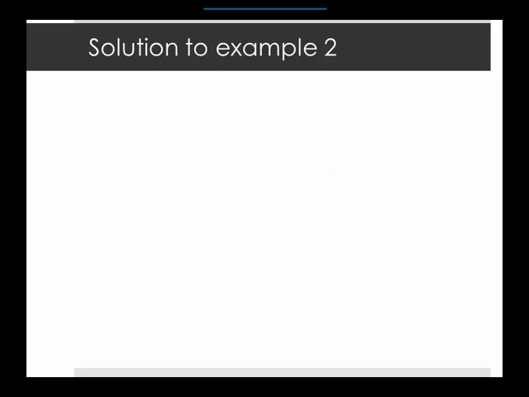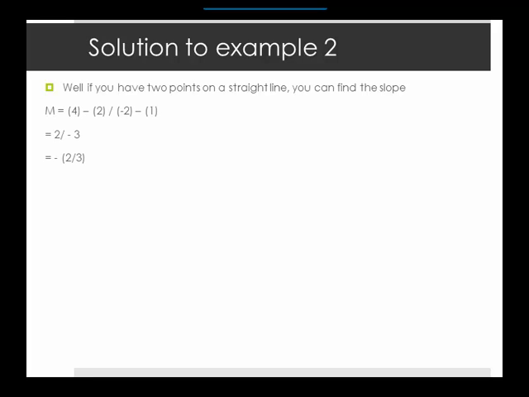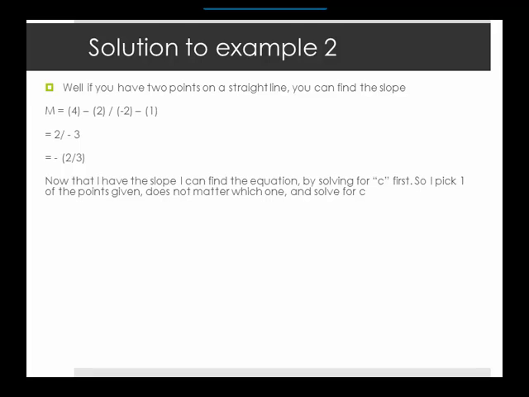The solution. If you have 2 points given, you can find the slope. M equals negative 2 over 3. Now that I have the slope, I can find the equation by solving for c first. So I pick one of the points given, it does not matter which one, and solve for c.